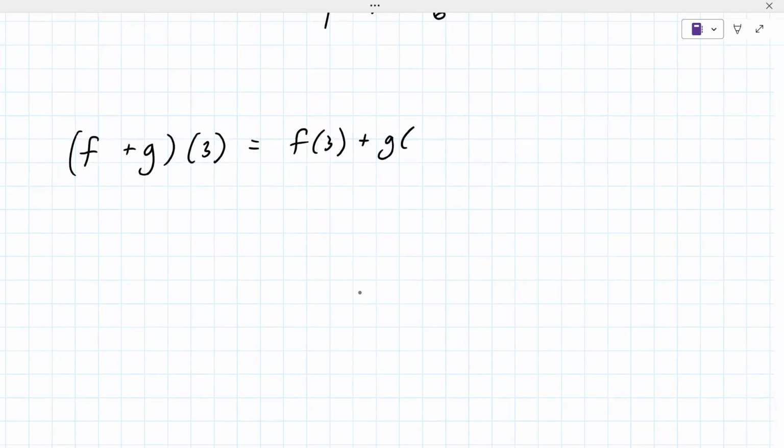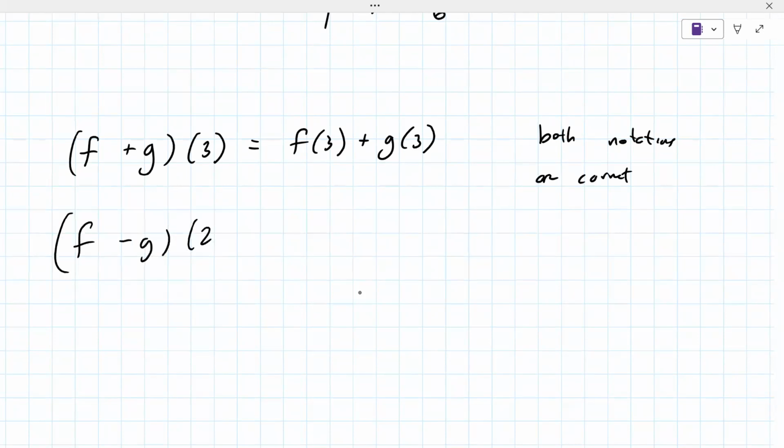If I asked you to find f plus g of 3, this really means f of 3 plus g of 3, but both notations are correct. Same with subtracting. Let's say it's f minus g of 2. This is f of 2 minus g of 2. The order matters.